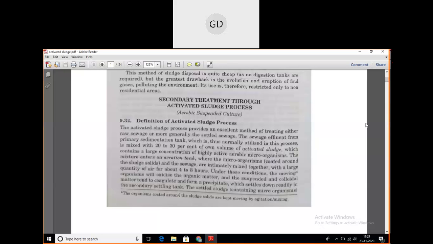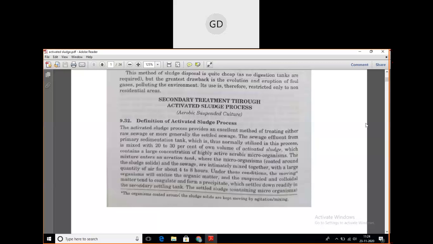In the activated sludge process, the sewage effluent that comes from the primary sedimentation tank is utilized and mixed with 20 to 30% of its own volume of activated sludge.